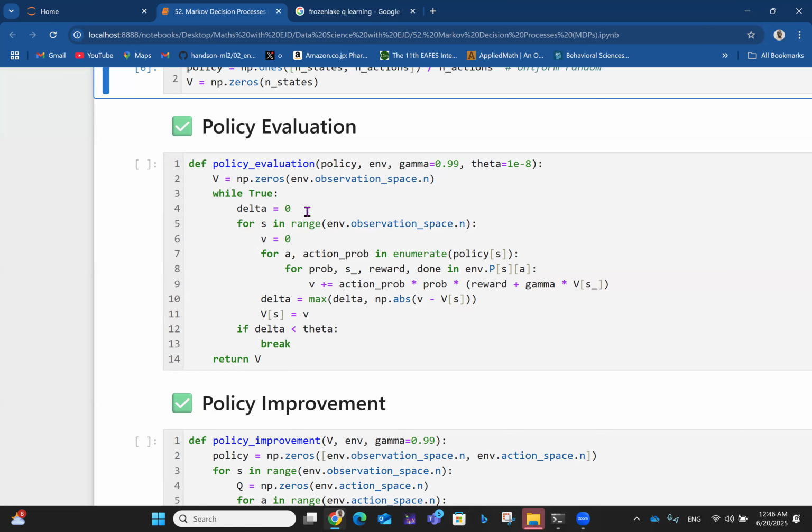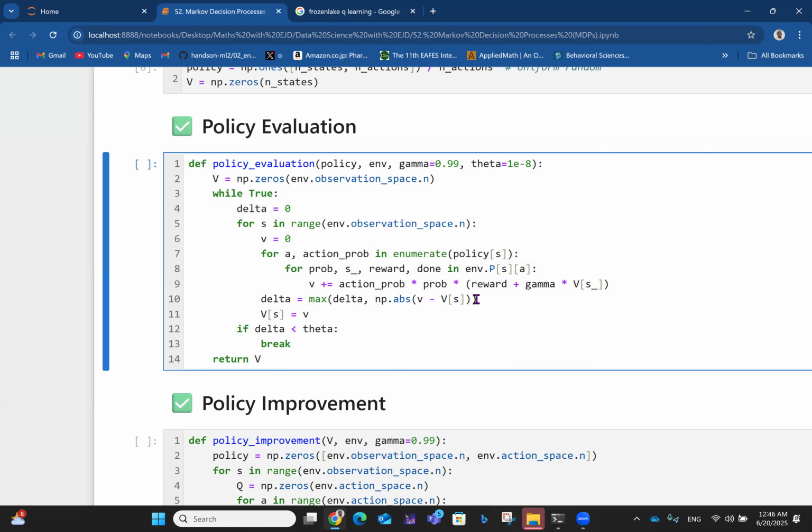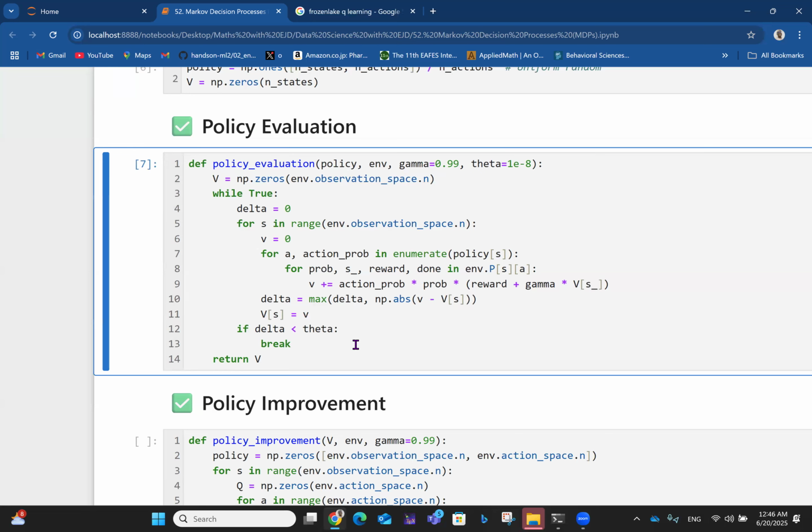And then you have the delta. You see the delta started with 0. Now the delta is updated to the maximum of whatever delta you have and the absolute value of v minus V[s], where V[s] is then set equal to v. You keep doing that until convergence, and you return V at the end of the day.